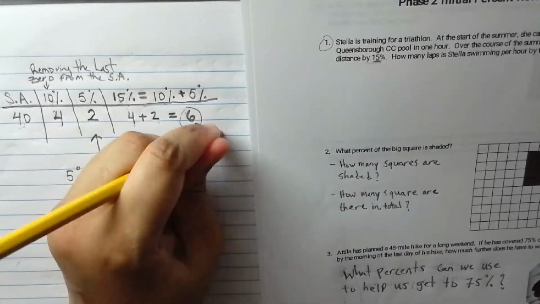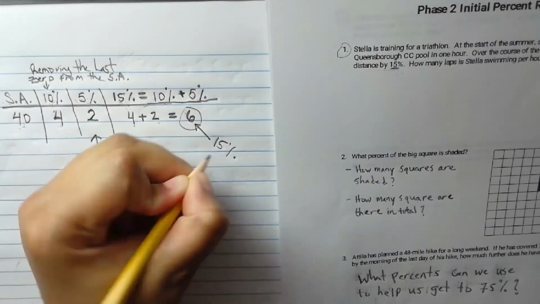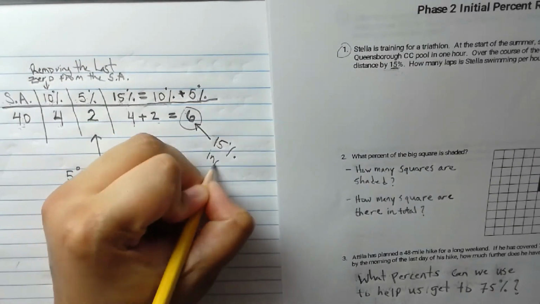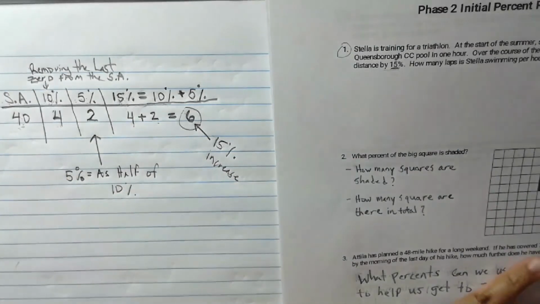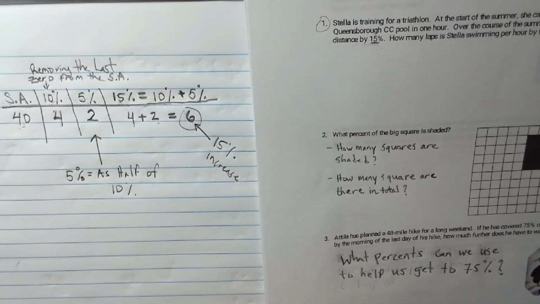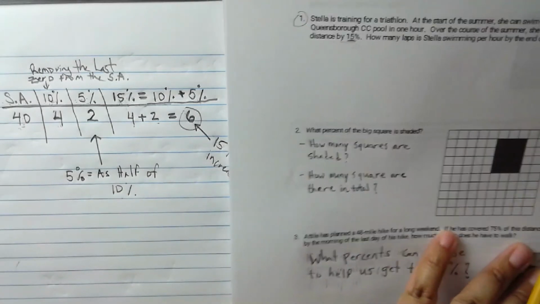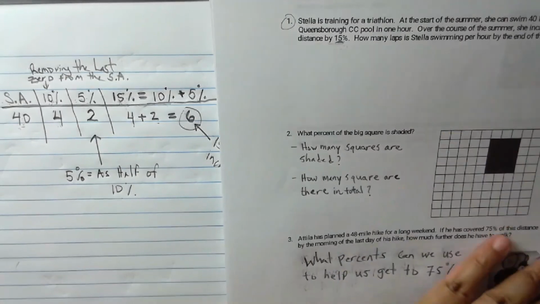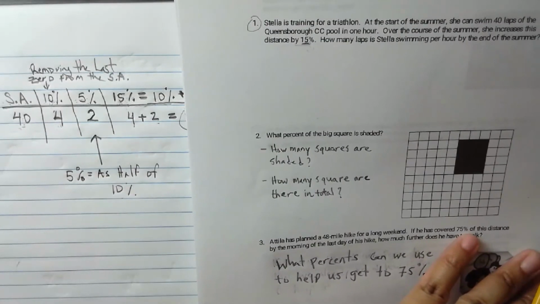A 15% increase in the amount of laps, or distance, that she swam. Okay, so what is the question asking for? They want to know how many laps did Stella swim by the end of the summer.